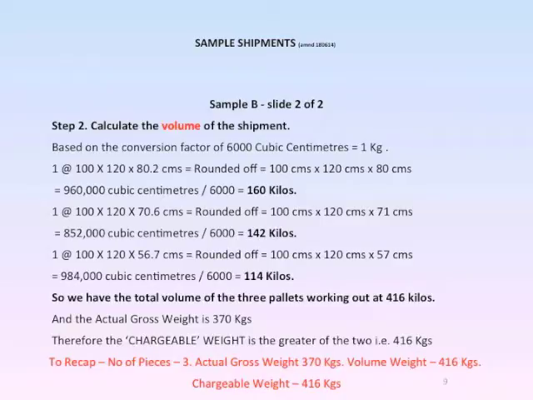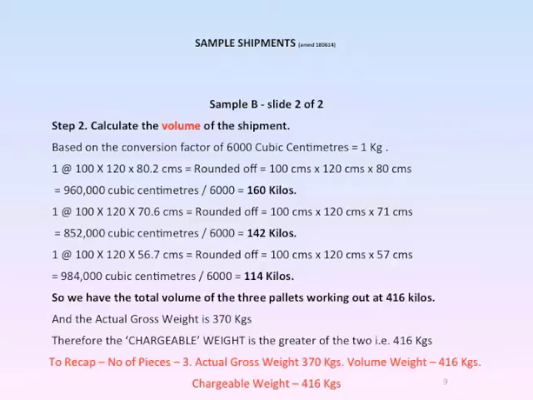Pallet number 2, we have 100 by 120 by 70.6 centimetres. Rounded off becomes 100 centimetres by 120 centimetres by 71 centimetres. Multiplied out gives us 852,000 cubic centimetres, divided by a conversion factor of 6,000, and we get 142 kilos.